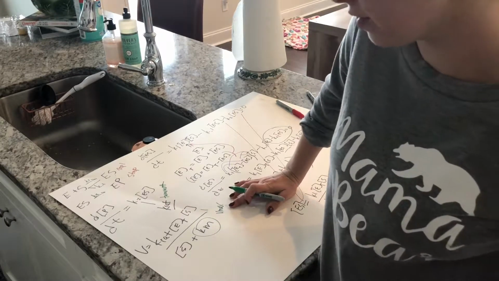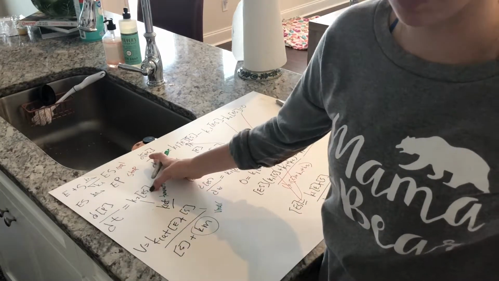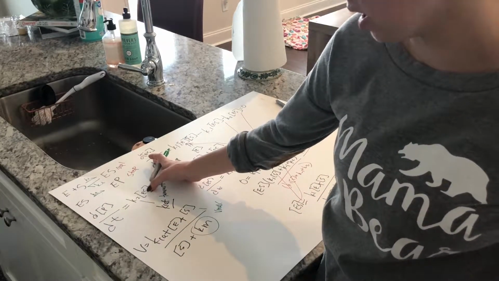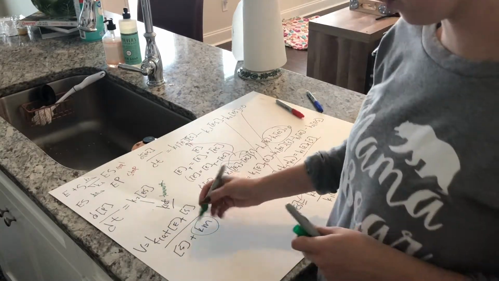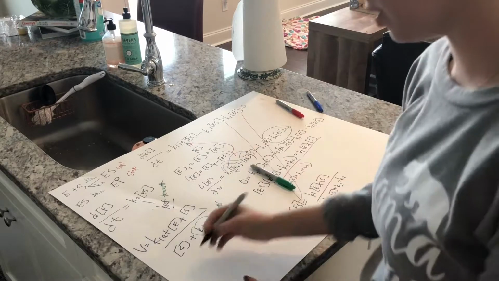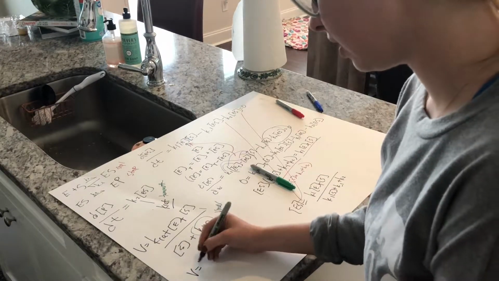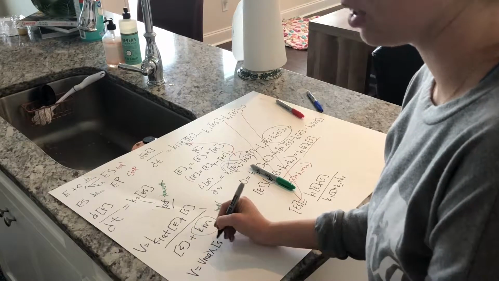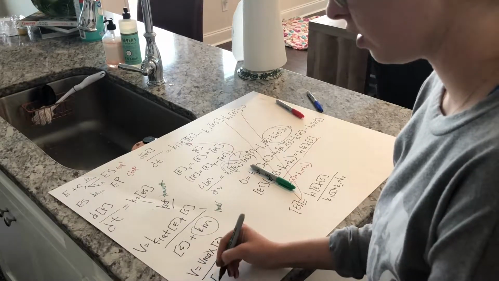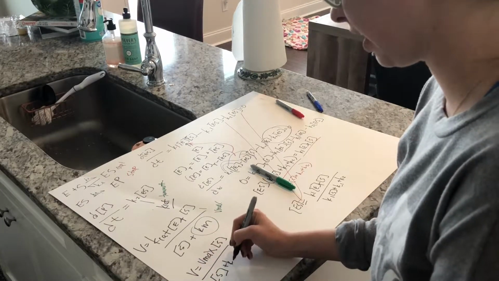Vmax is when all of the enzymes and the substrates are bound, creating that ES complex, and it's catalyzing that reaction. If we rewrite this equation, we can just say V is equal to Vmax times substrate concentration over substrate concentration plus Km.